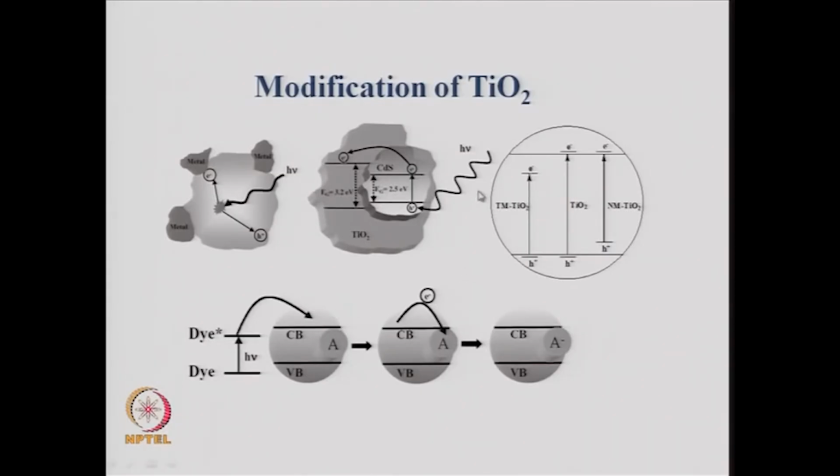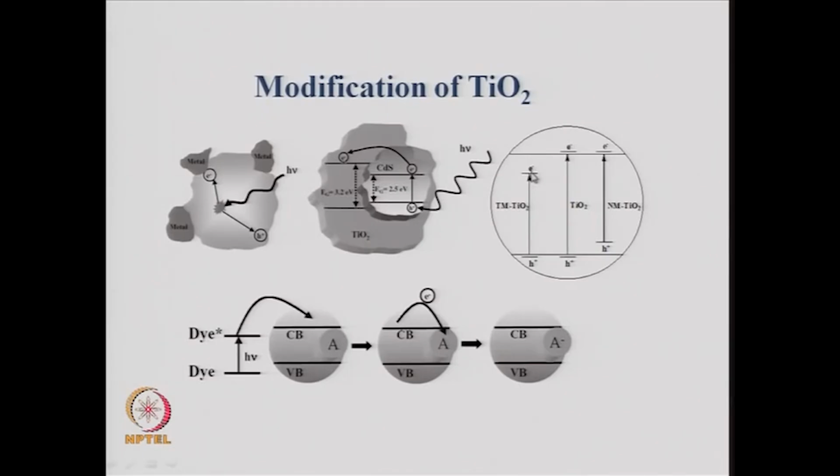So, if you look at the band diagrams, you can create different types of levels. So, suppose this is the original levels, this is the conduction band of TiO2 and this is the valence band of TiO2, and when you are doping transition metals, it is possible to choose a transition metal such that you now have levels which are lower than the conduction band of TiO2.